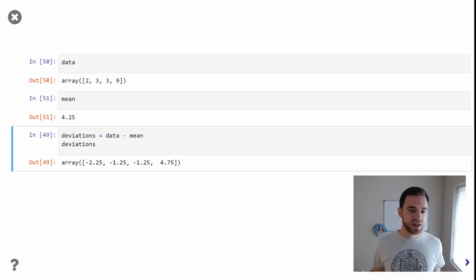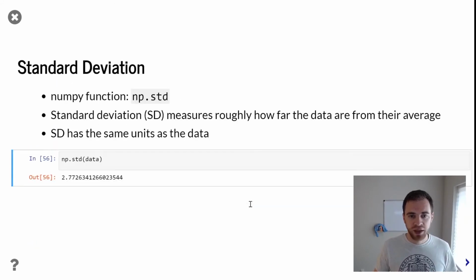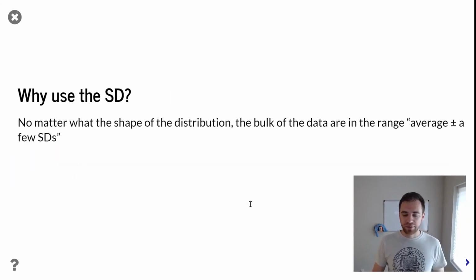That's a totally valid thing to do, but instead of doing that, we don't take the absolute value, we take the square. We square each of these, compute the mean of the squares, then take the square root. It's not the same thing. So why do we do this and not the mean absolute deviation? Well, the answer is that the math for the standard deviation tends to work out nicer.